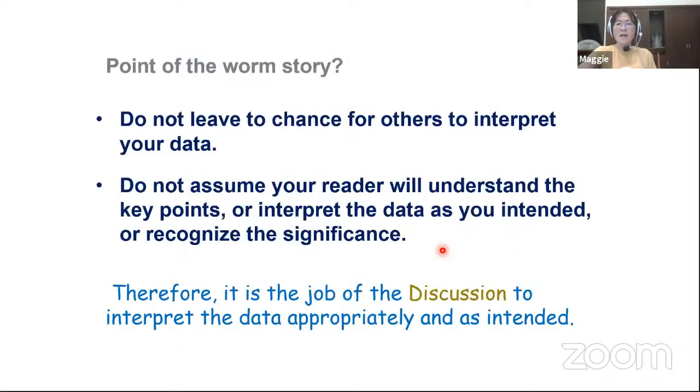Do not leave a chance for others to interpret your data. Do not assume your reader will understand the key points, or interpret the data as you intended, or recognize the significance. Therefore, it is the job of the discussion to interpret the data appropriately and as intended.